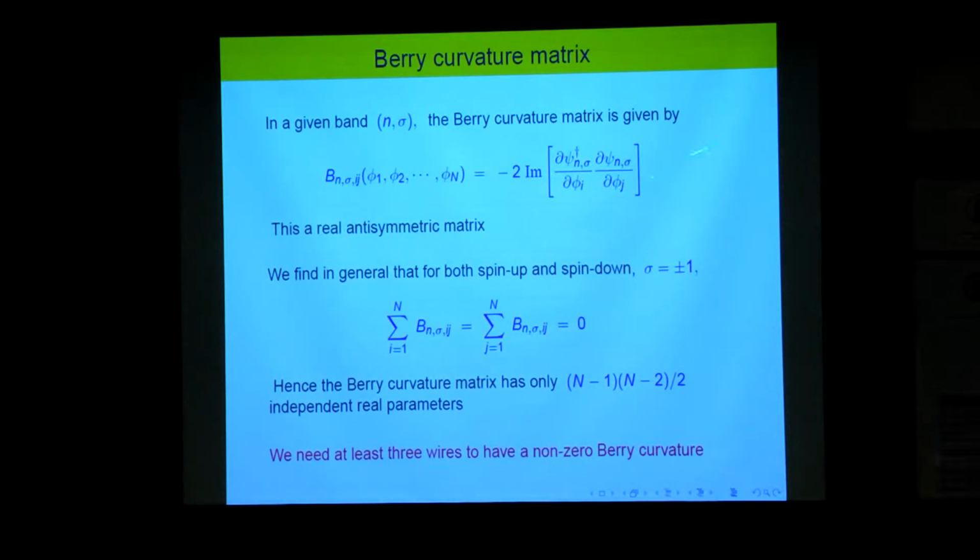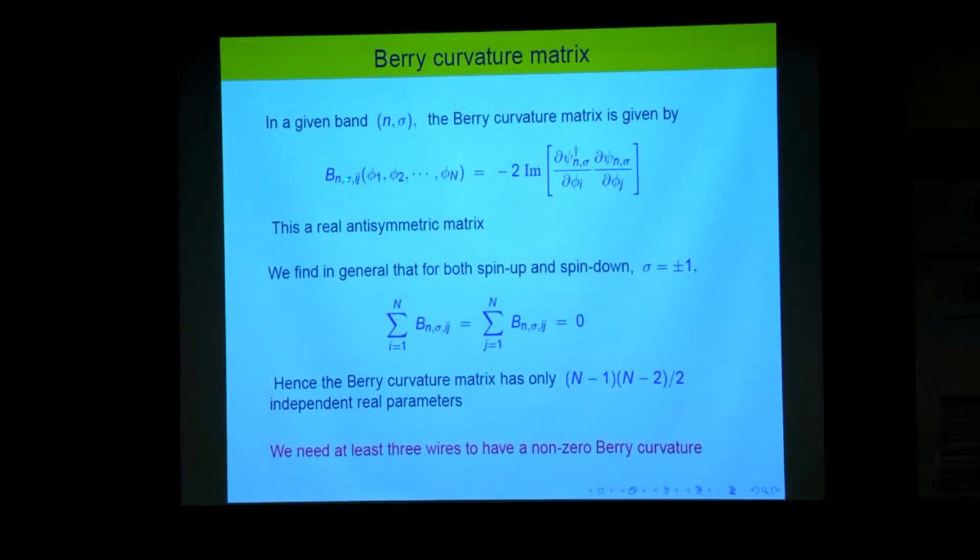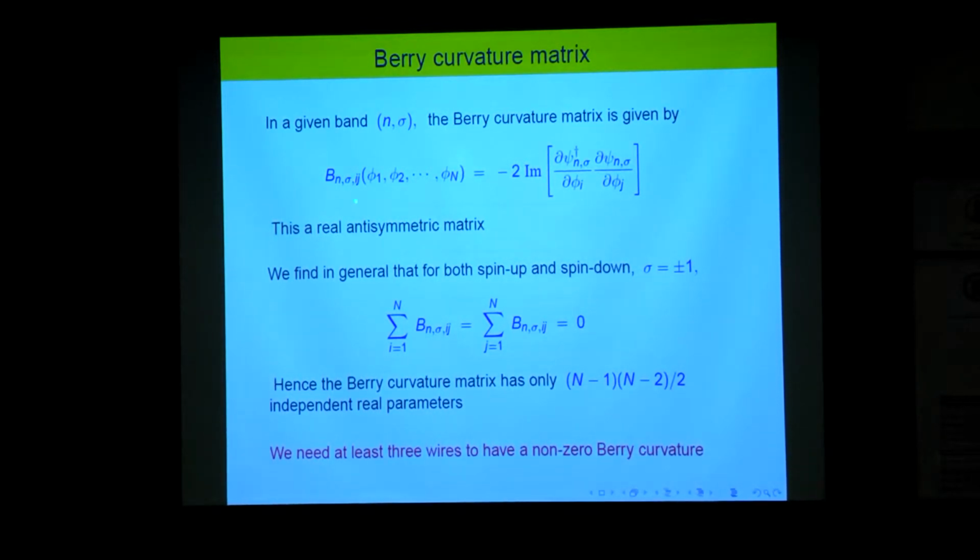So in general, those properties that I told you, that if you shift all the phases by the same amount, nothing changes, or you shift one of them by 2 pi, nothing changes. From that you can prove that this matrix, which is an n by n matrix, with entries depending on the labels i and j, has all rows and all columns adding up to 0.